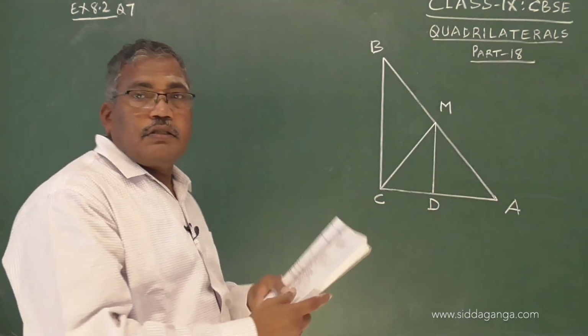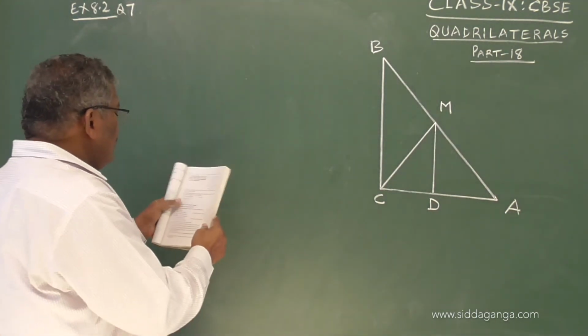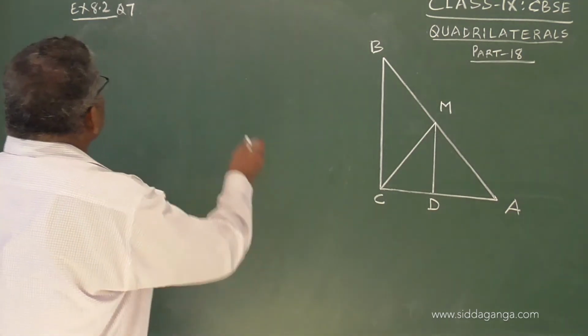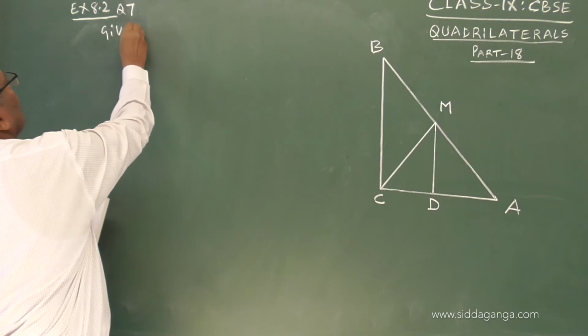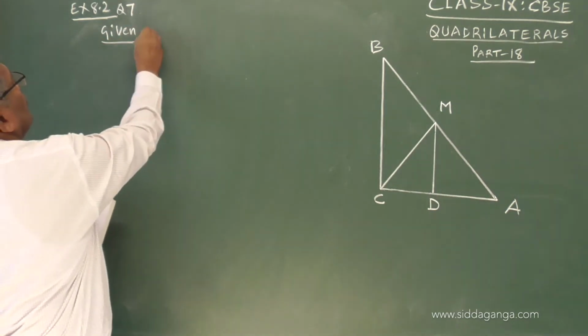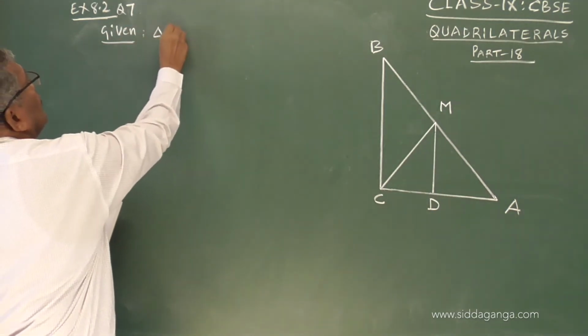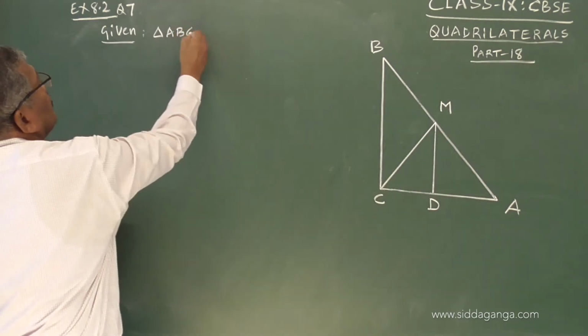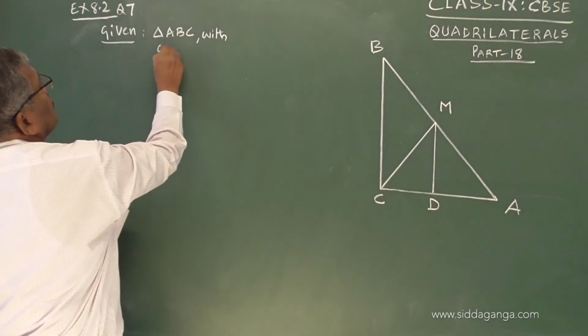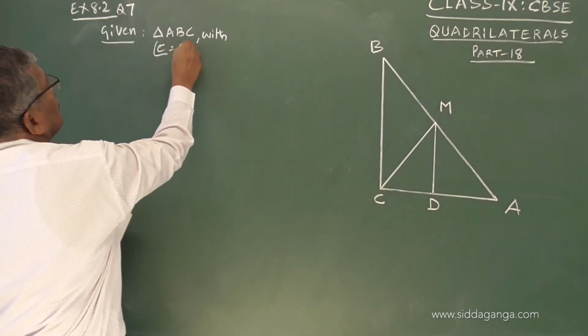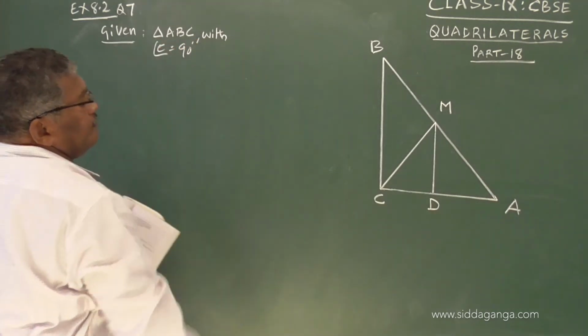So now let us understand. ABC is a triangle, right angle at C. So given triangle ABC with angle C equals 90 degrees.